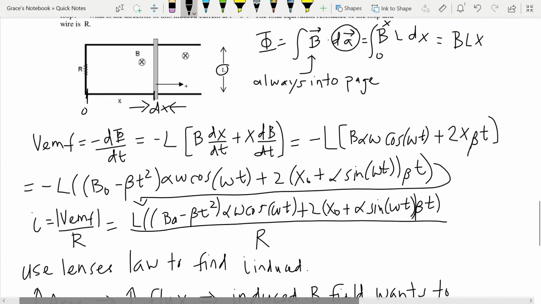And we're going to induce a B field to oppose the change in flux. So originally the B field is into the page and giving a clockwise current, but to oppose the change in flux, we're going to induce a B field in the opposite direction, which is going to give us a counterclockwise current.